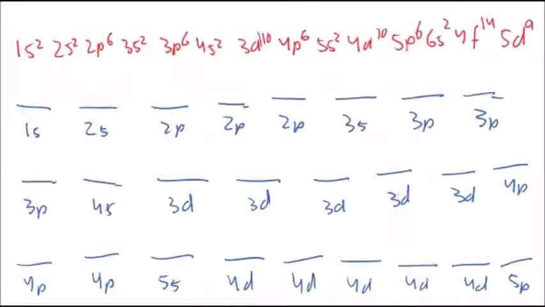Let's quickly do this. This video is going to start to get long. So 2 electrons here, 1, 2, and then 2p6: 1, 2, 3. This is Hund's rule. 4, 5, 6.